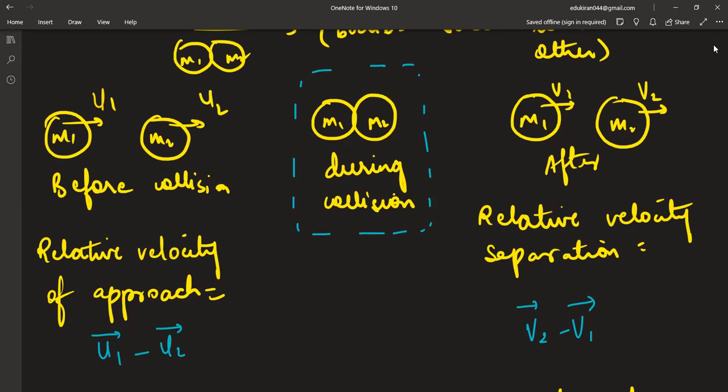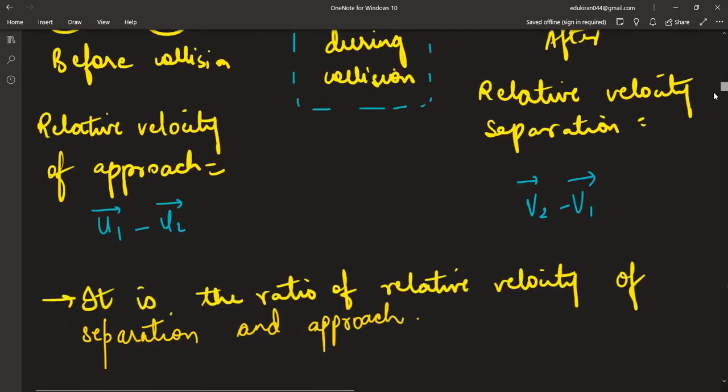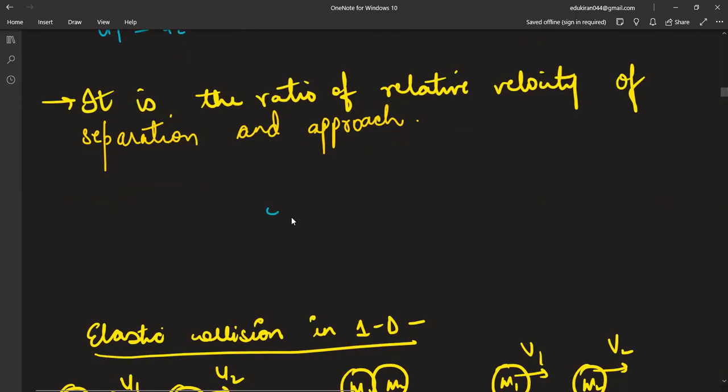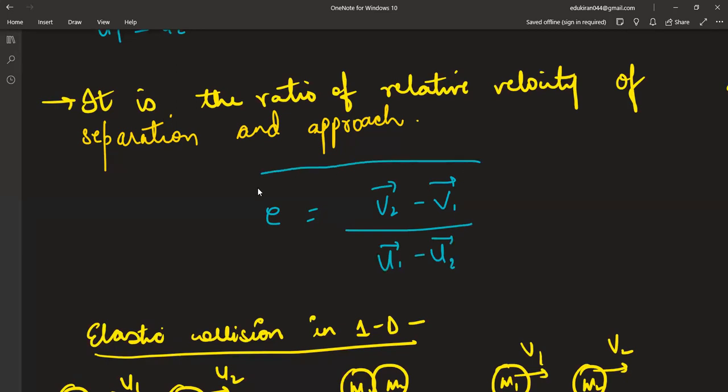Now look, what is meant by coefficient of restitution? Coefficient of restitution is basically the ratio of relative velocity of separation, that is V2 minus V1, to relative velocity of approach, that is U1 minus U2. This is the formula for coefficient of restitution.